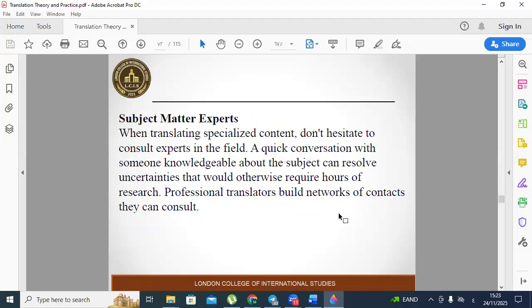Subject matter experts: when translating specialized content, do not hesitate to consult experts in the field. A quick conversation with someone knowledgeable about the subject can resolve uncertainty that would otherwise require hours of research. Professional translators build networks of contacts they can consult.